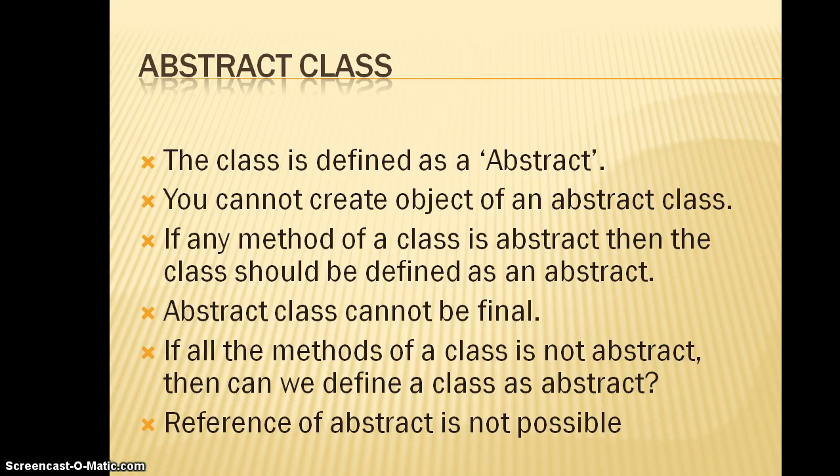We will see that in our example. So this is all about the abstract class. The only difference between an interface and an abstract class is that an interface contains no implementation, just the definition. An abstract class contains both definition and implementation.